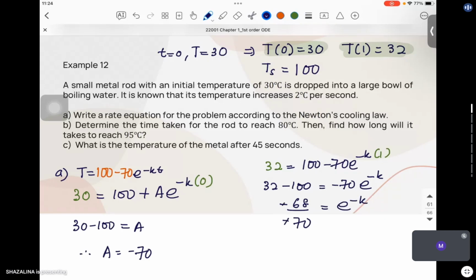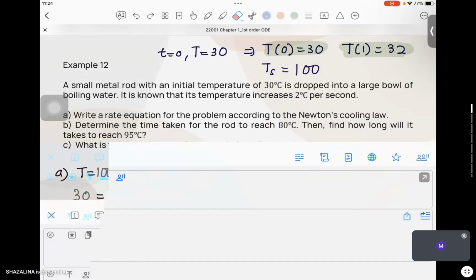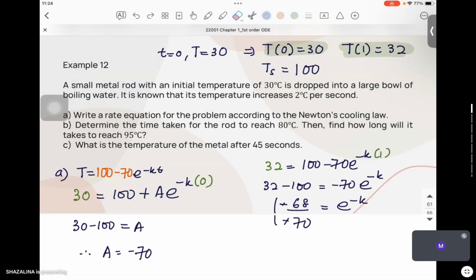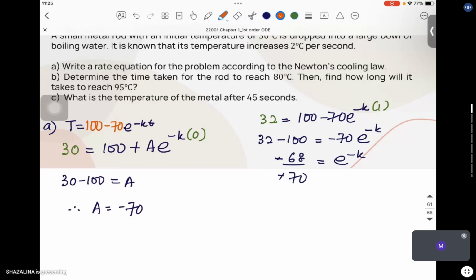Okay, negative, negative. 68 bagi 70. We want to have only k, so we need to take ln of both sides.